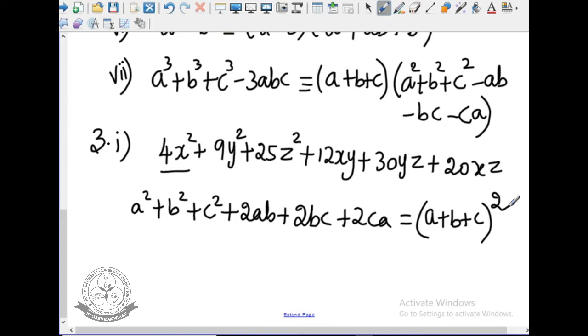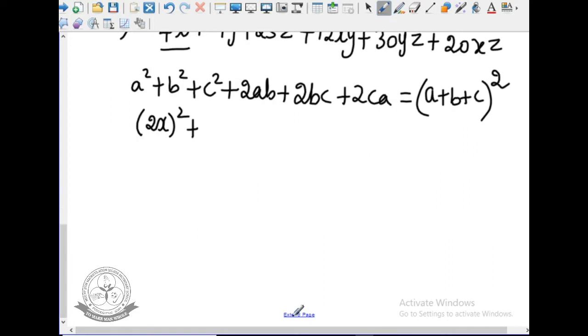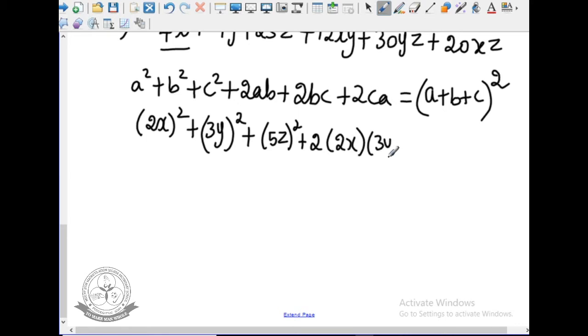So here we want to make it as a square, 4x square. 4x square we can write as 2x whole square, plus 9y square. We can make it as a whole square, that is 3y whole square, because 9 is the square of 3. Plus 25z square, that is equal to 5z whole square, plus 2 into 2x into 3y.